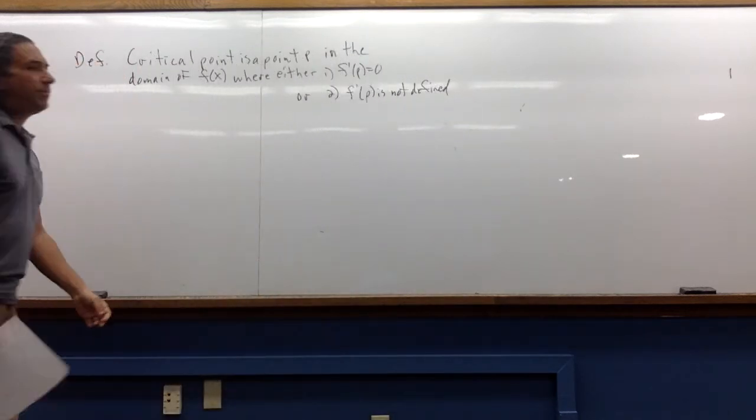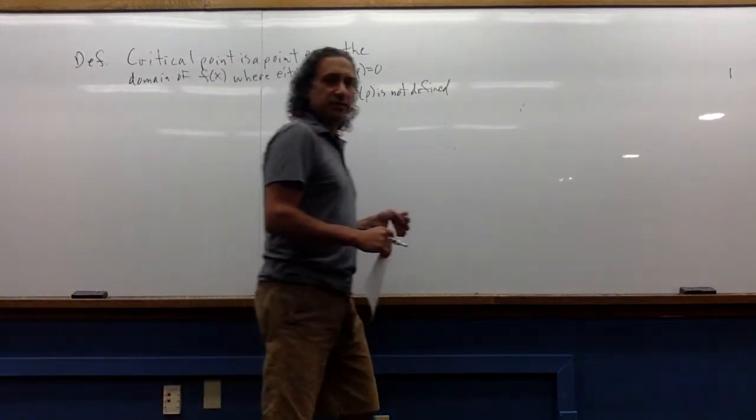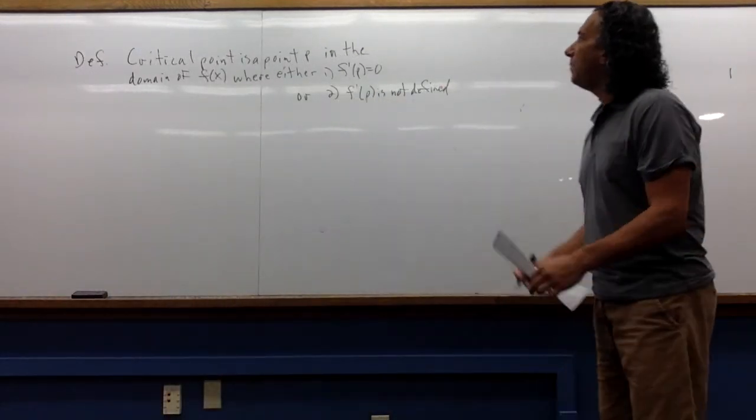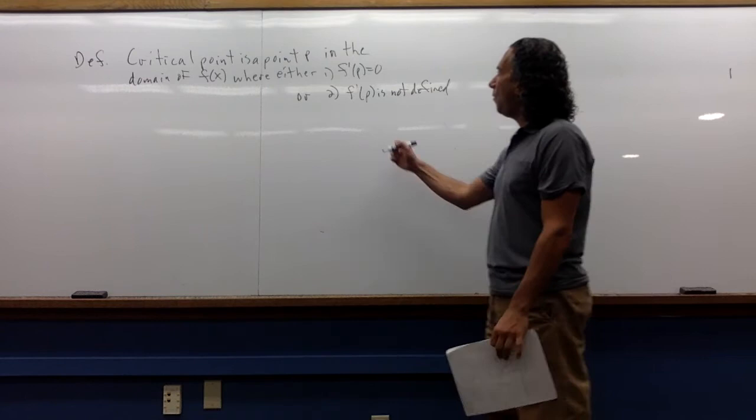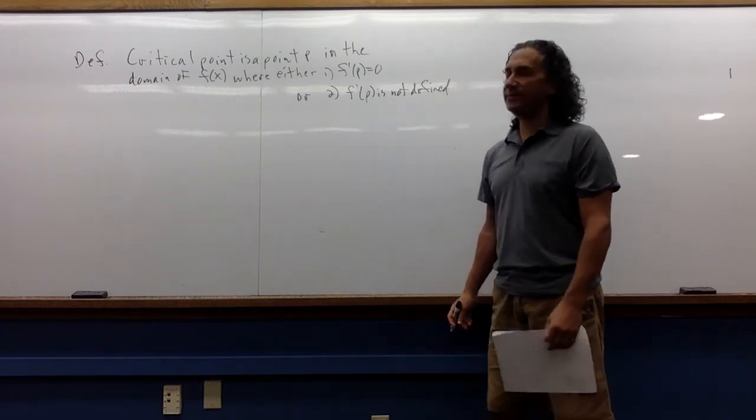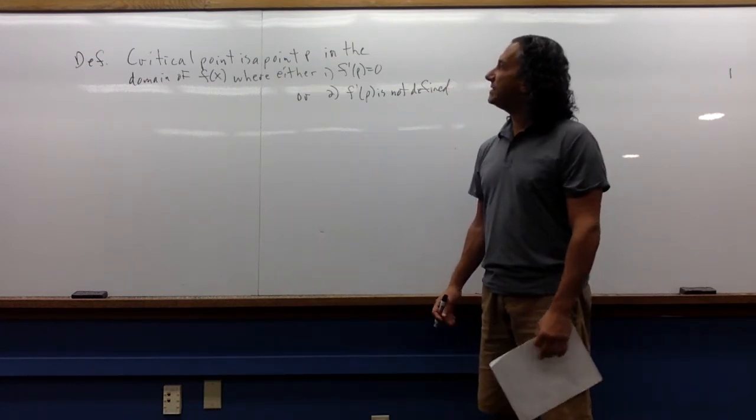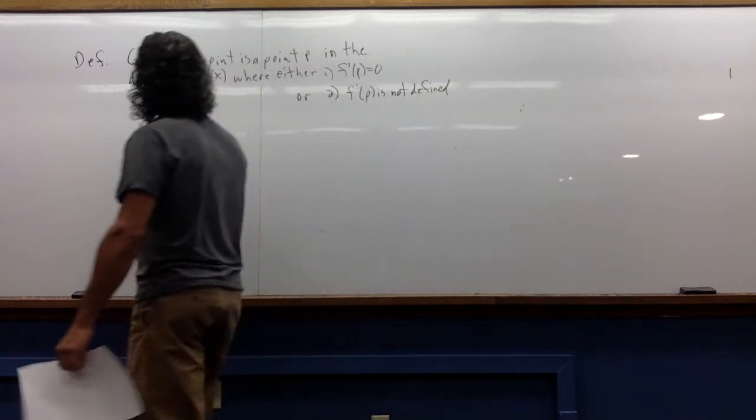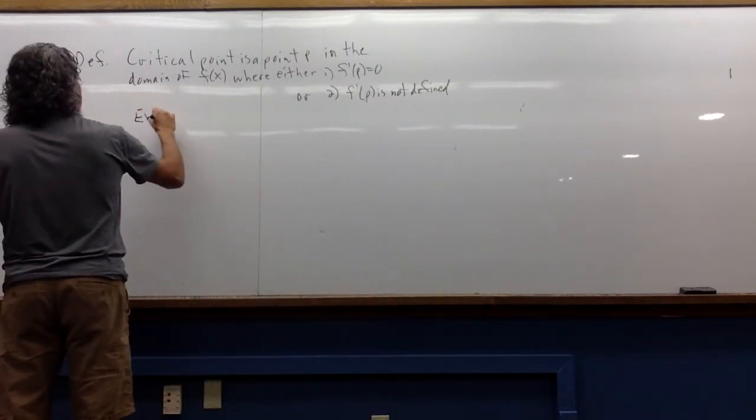A critical point is a point in the domain of the original function where either the first derivative is 0 or the first derivative is not defined. So let's give some examples of critical points, and we'll see why this thing is important.